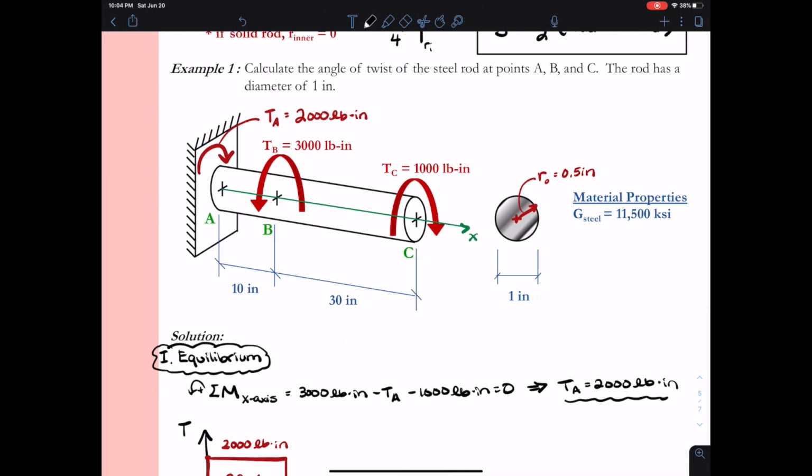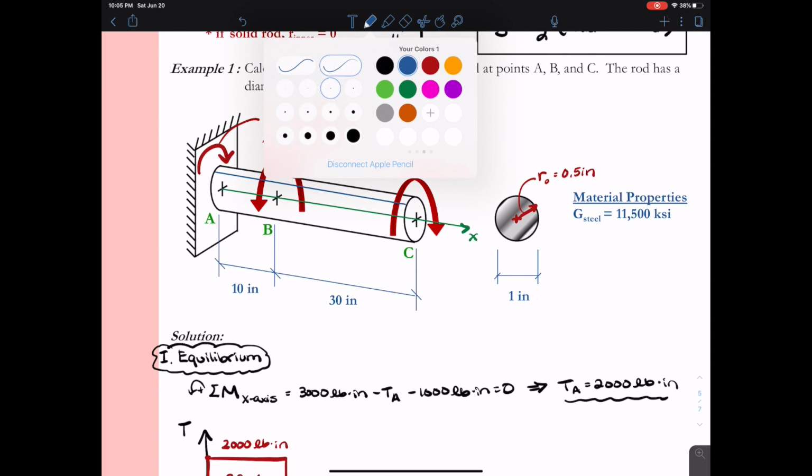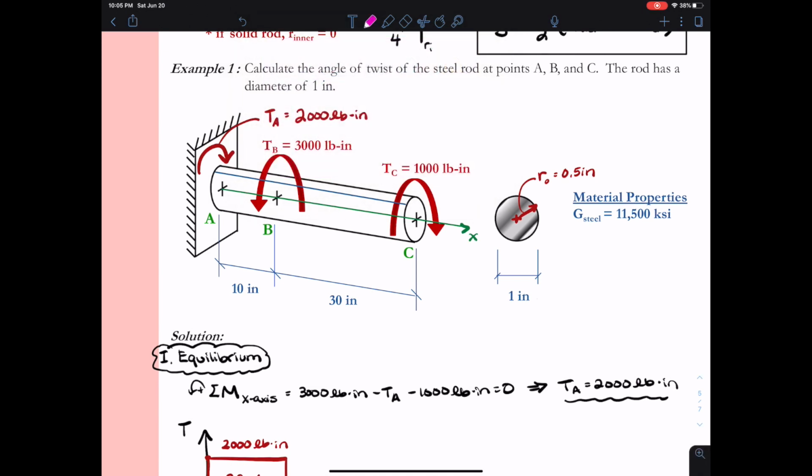I hope that makes sense for the angle of twist along the length of the rod. Let me just reiterate that point at point C. If I consider a straight line from A to B, I saw that my rotation at point B was counterclockwise. So I'm expecting that line to have shifted, and as I look down the x-axis towards point A, I would expect that line to have rotated counterclockwise.